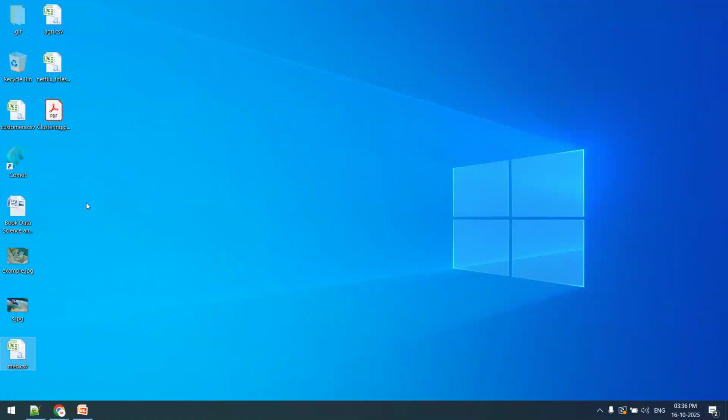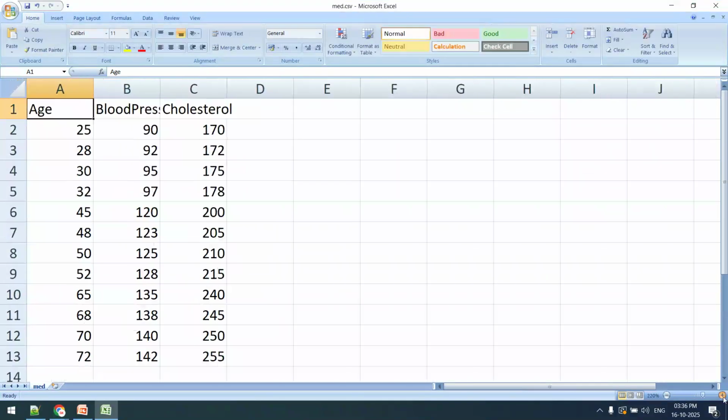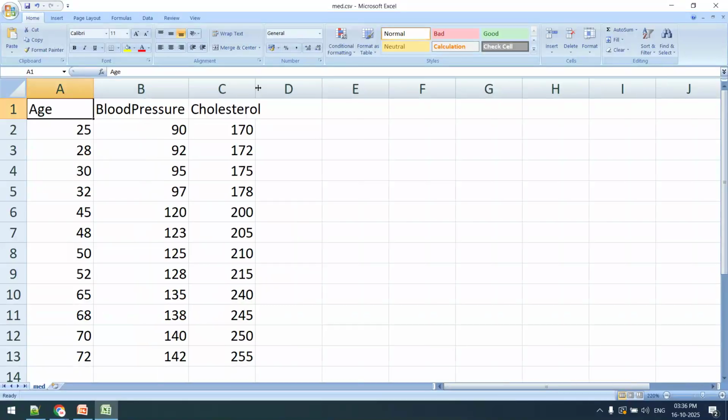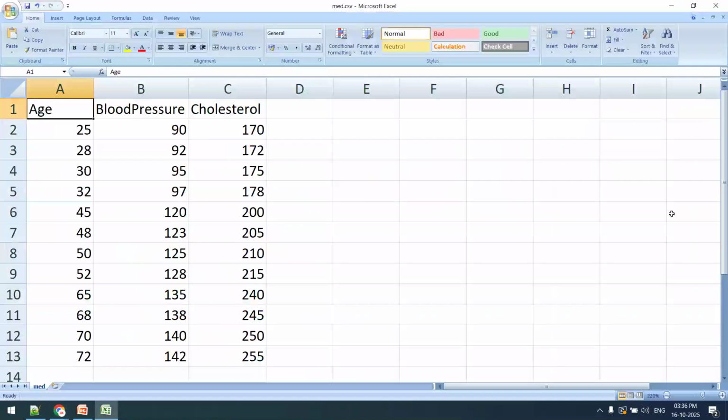One medical data set we are having, this one is classical data. For example, this is our medical data: age, blood pressure, cholesterol. This specific data set we want to pass to the DBSCAN algorithm for clustering, for cluster formation.